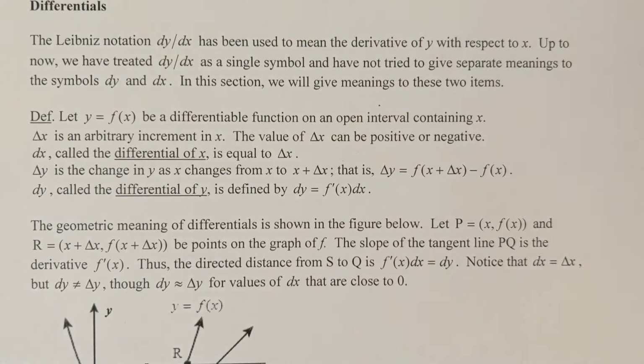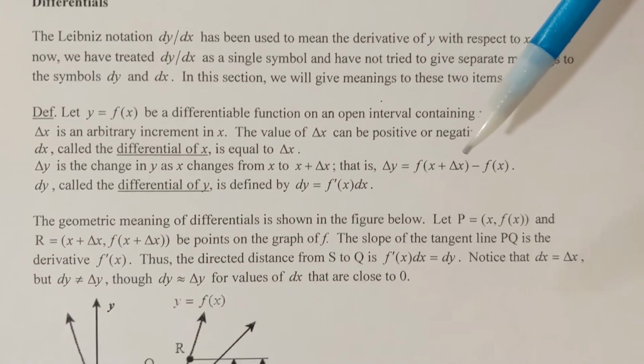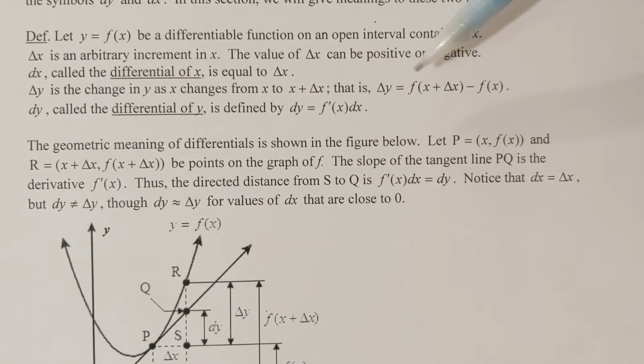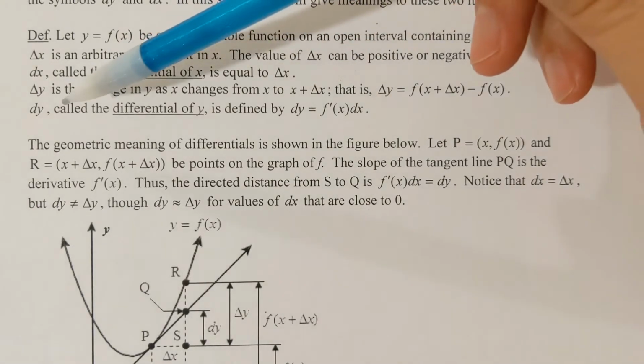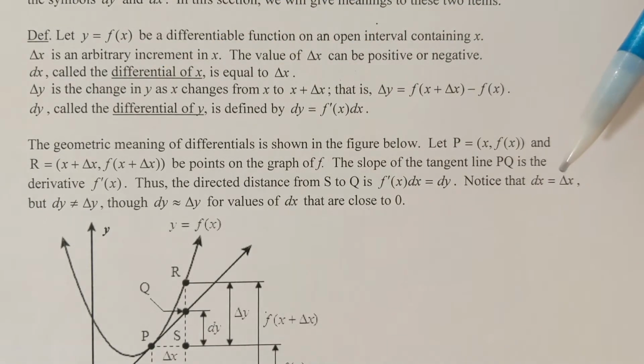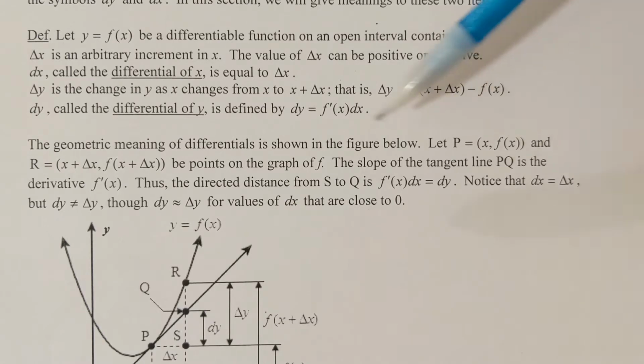Delta y is the change in y as x changes from x to x plus delta x. So delta y would be f of x plus delta x minus f of x. Dy is called the differential of y.